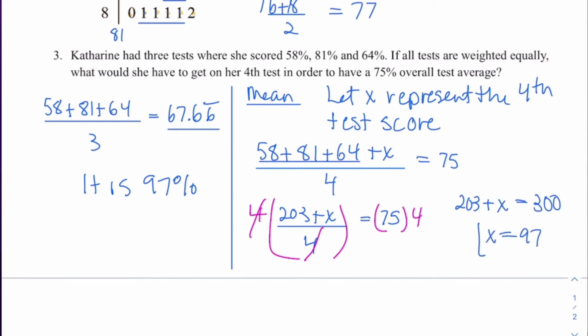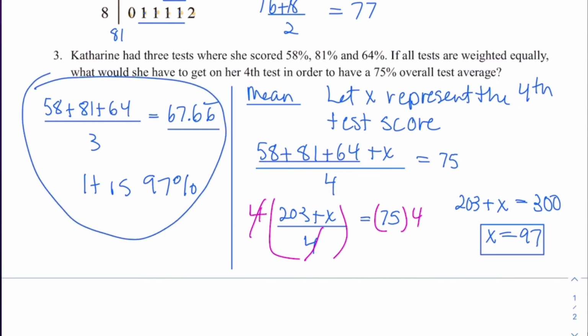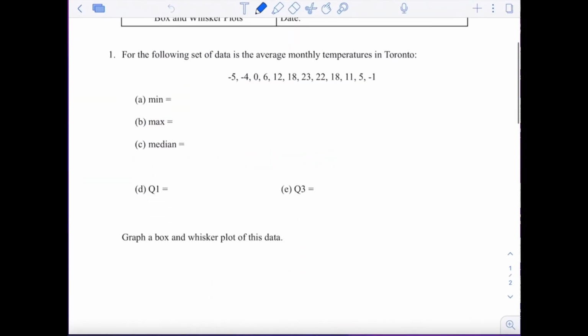X is 97. She needs a score of 97. Okay, so please use X. Don't use inspection, and don't try to do this thing where you average the first 3 and then try to throw in the 4th one after. It doesn't work that way because they're all weighted equally.